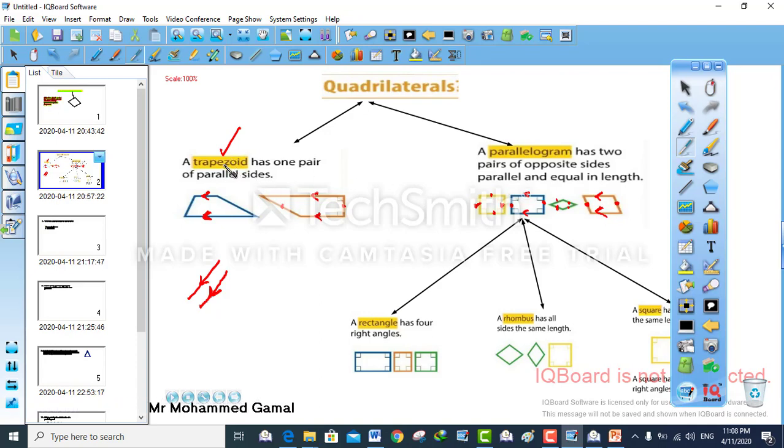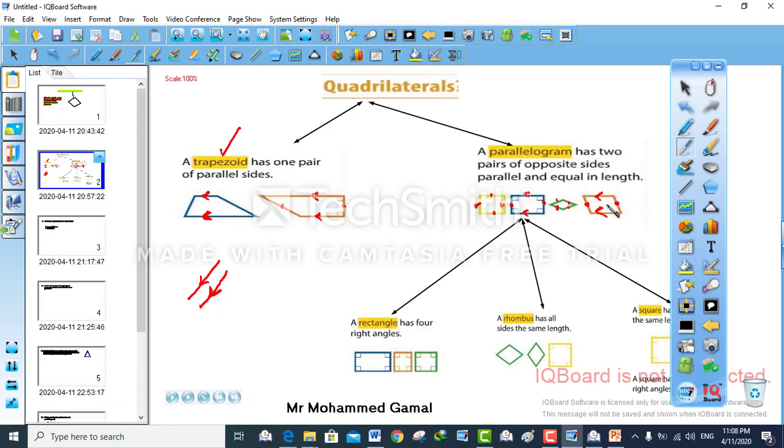For the trapezoid, for example, this trapezoid has the first name trapezoid, which is more specific and determined, and also it's a quadrilateral because it has four sides. Okay, parallelogram as well.